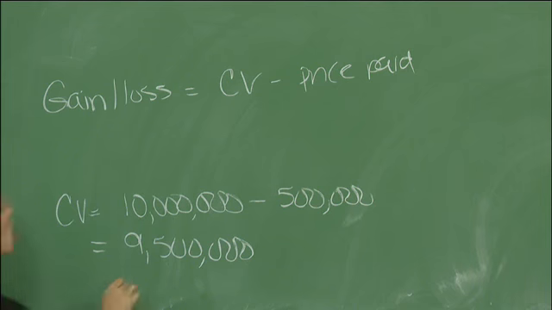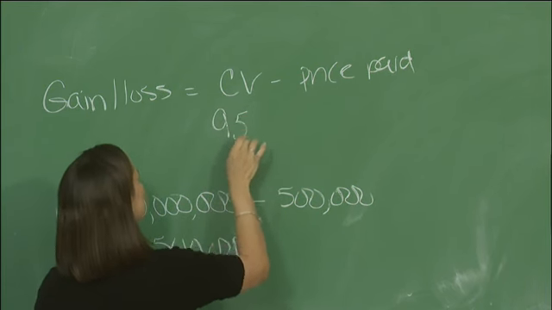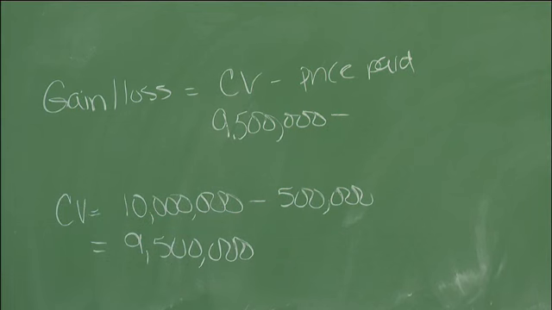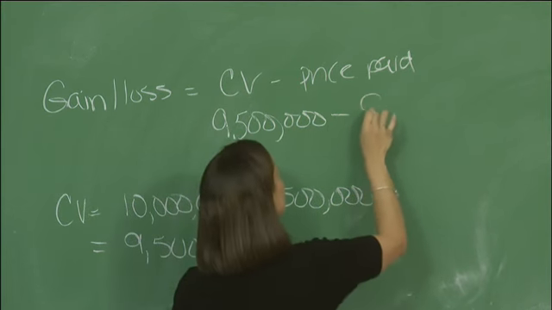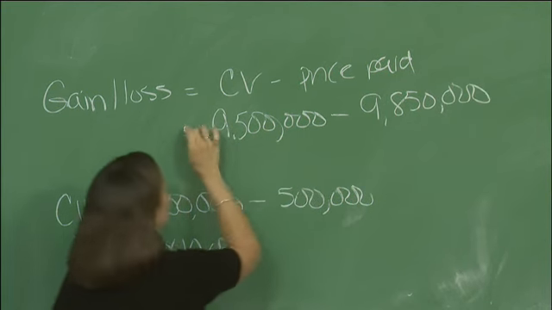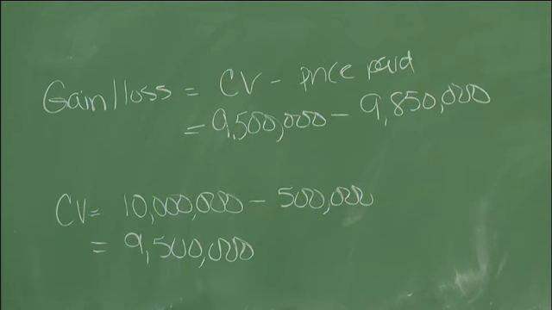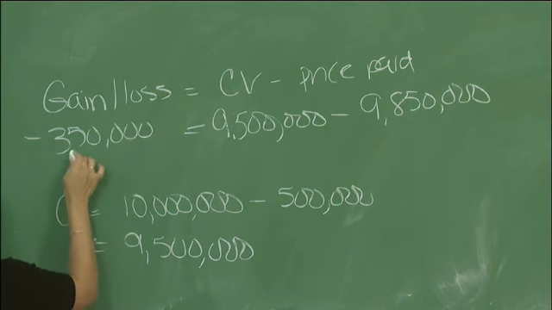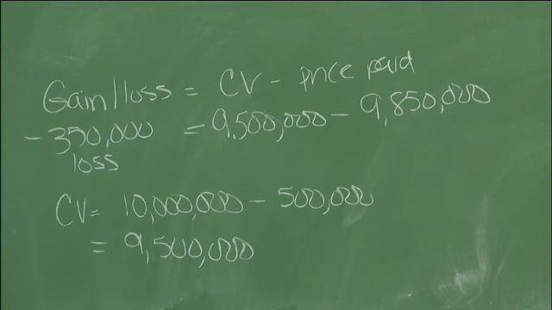So our gain or loss: $9,500,000, minus what we pay, $9,850,000. When we calculate this, we get a negative $350,000. So that means it's a $350,000 loss.